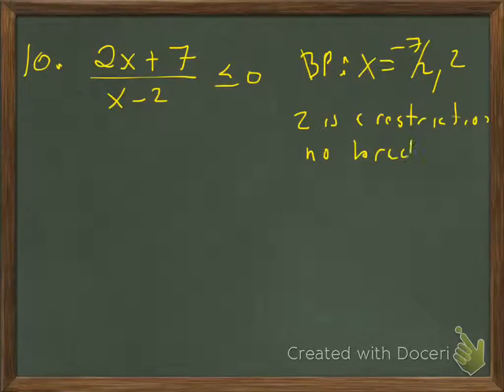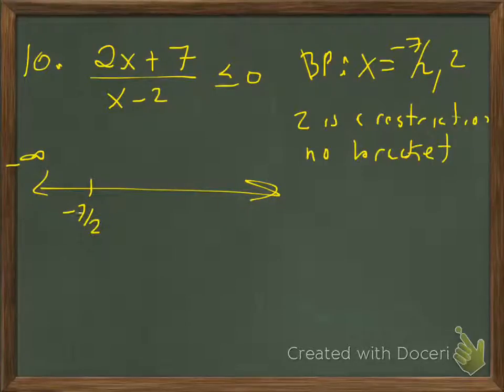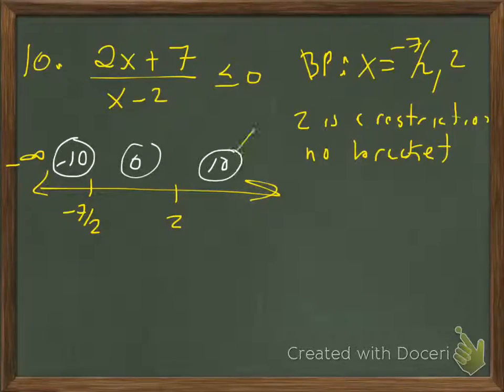So then what we do from there is make our sign chart, put in negative infinity, our boundary point of negative 7 halves, and our other boundary point of 2. That gives us negative 10, 0, and 10 as some test points. Testing 10 does not work.